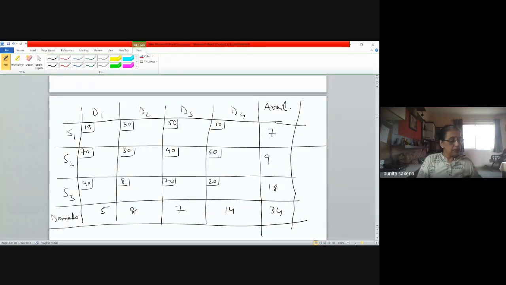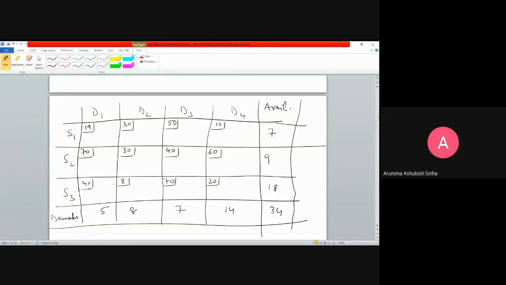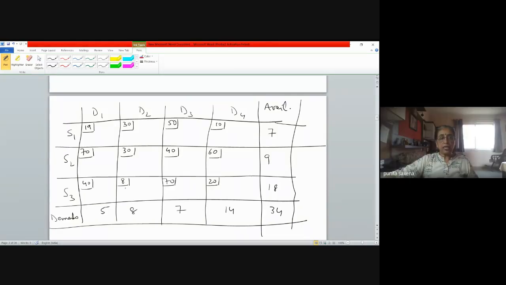Now in this problem, the cell with the minimum cost is which cell? S3D2. D2, right? This has the minimum cost 8 in it. So we select this cell with the minimum cost and then use the logic of northwest corner, that is, allocate as much as possible in this cell. What is going to be the amount of allocation? Definitely it is going to be the minimum of the availability and the demand.